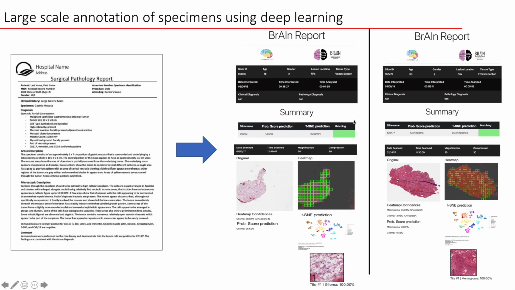These are some of the report structures that we're trying to optimize for things like biobanking, where we provide a confirmation of the diagnosis, hopefully, and then we provide these heat maps that tell you where the computer used to analyze the tissue, and these are all brown because this is all tumor.